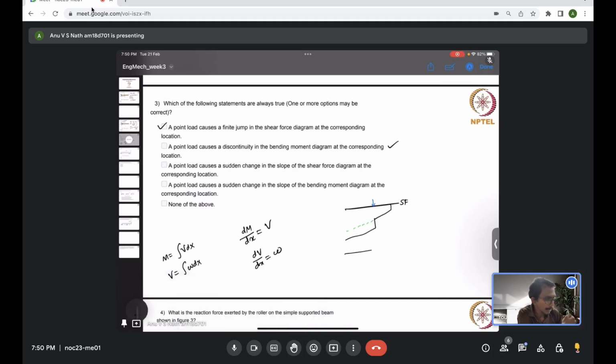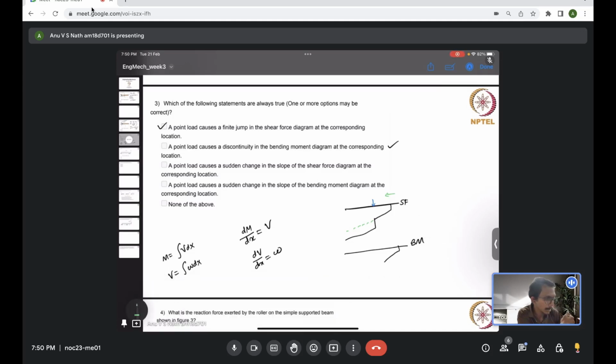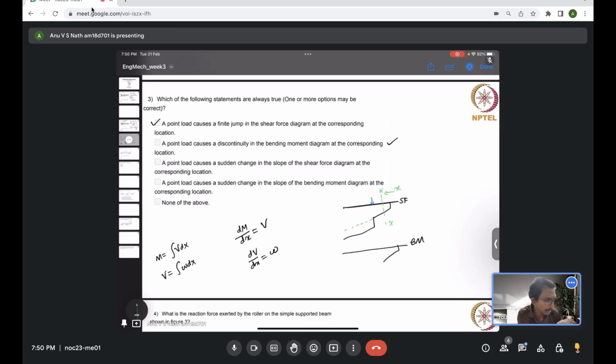Now if you try to plot the corresponding bending moment diagram, it will be quadratic like this, because at every location, we are measuring the x from right to left. Let's say we take a section xx and try to evaluate the area under this, and we will call that the bending moment.